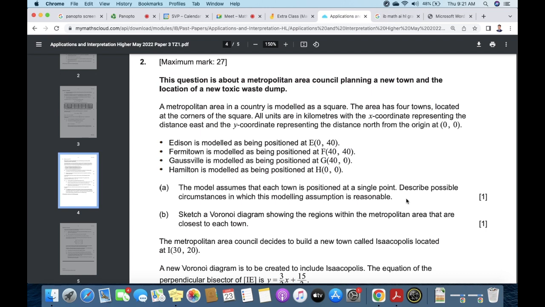Just to guide you through, do you know the shape of the town? In this case, the square is actually the area itself, composed of four different towns. So E, F, G, and H are actually representing the vertices of the square, for example.